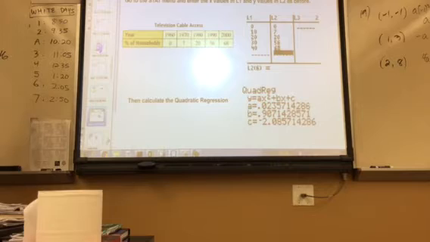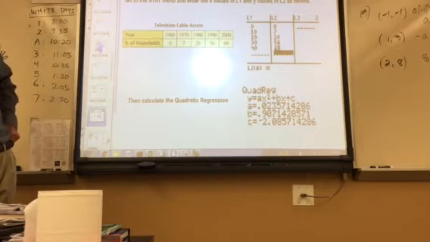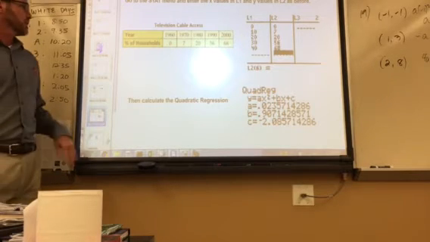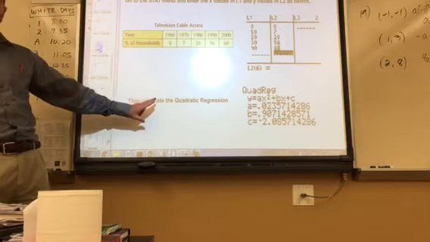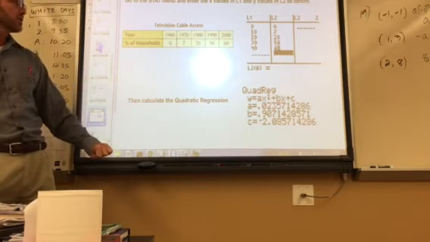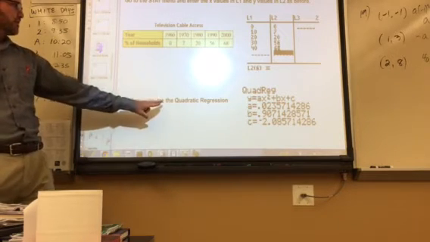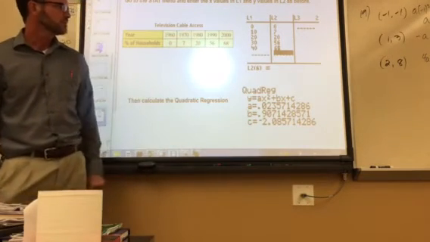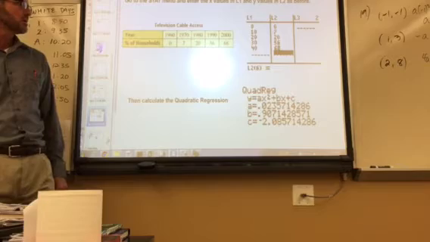So we do that. Remember how to go to L1 and L2. Enter the data. Now, instead of the linear regression on the calculator, we're going to go to the Calc menu in Stat Calc, and find the quadratic regression of those points. There it is.